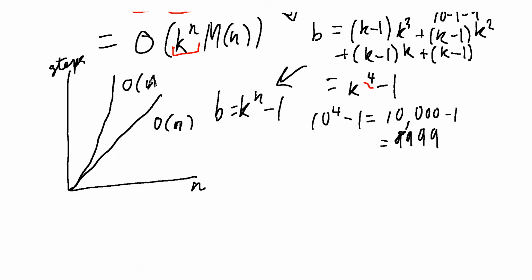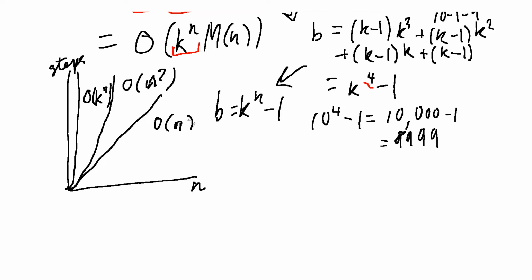But if we have exponential, it will increase much, much faster, at a much higher rate. So O of k to the n, that's an exponential increase, so it's going to be much, much faster growing than these other algorithms.